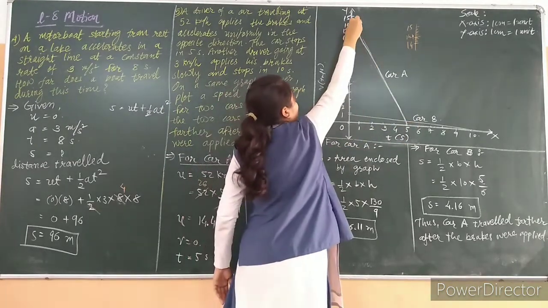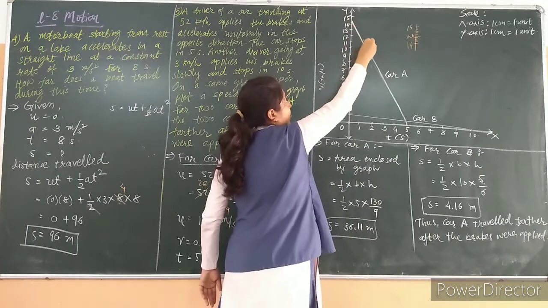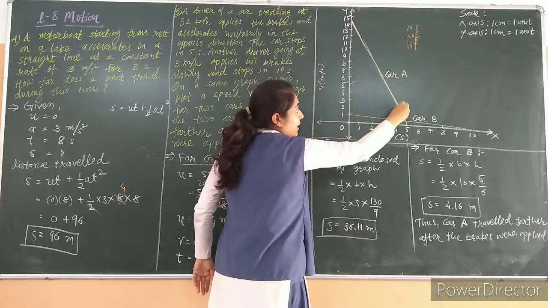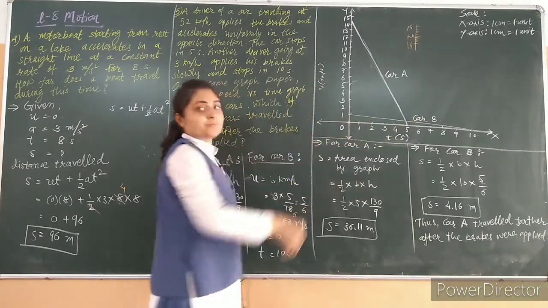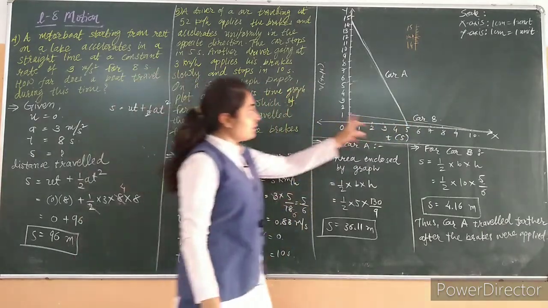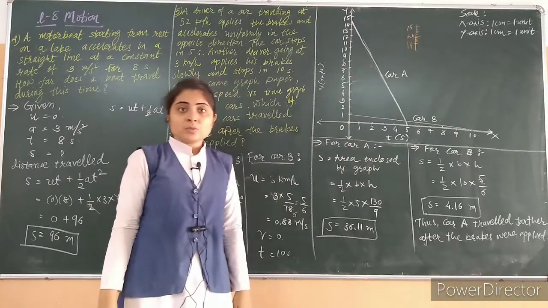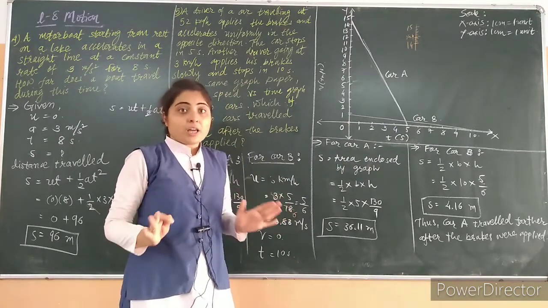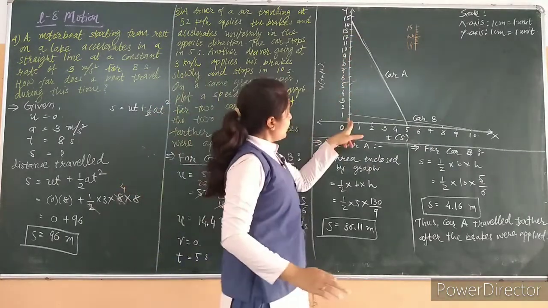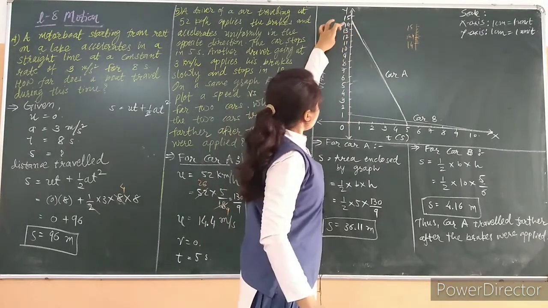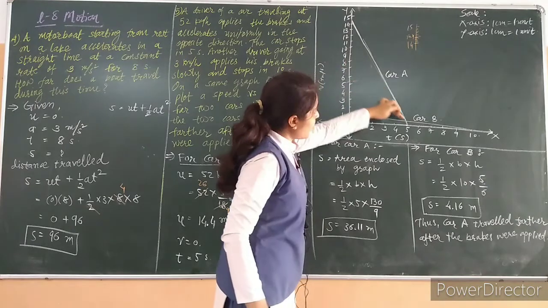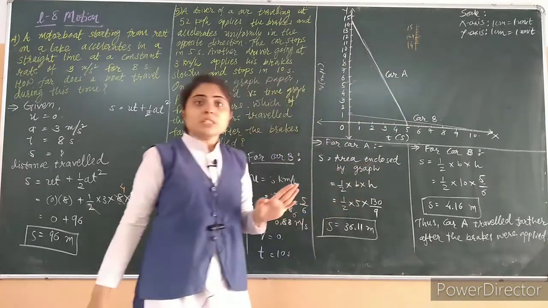It means the graph will be like this. The velocity decreases, decreases, decreases, and at 5 it becomes 0, because y becomes 0 on the x-axis. Interpret the graph very carefully. At the initial time, the car is at 14.4 meter per second and it decreases, and at 5 it becomes 0.